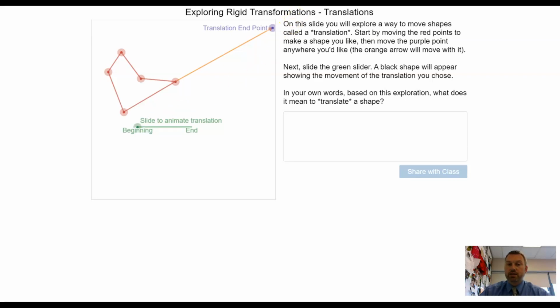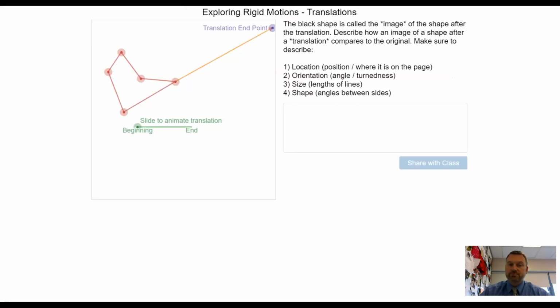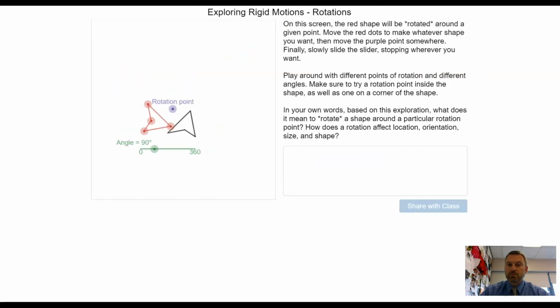The next one is a rotation. Okay, so a rotation, it's what it sounds like. It's a shape that's being rotated around a center. All right, and you may say angle. How's that angle work? Well, suppose I said I have a rotation of 90 degrees.